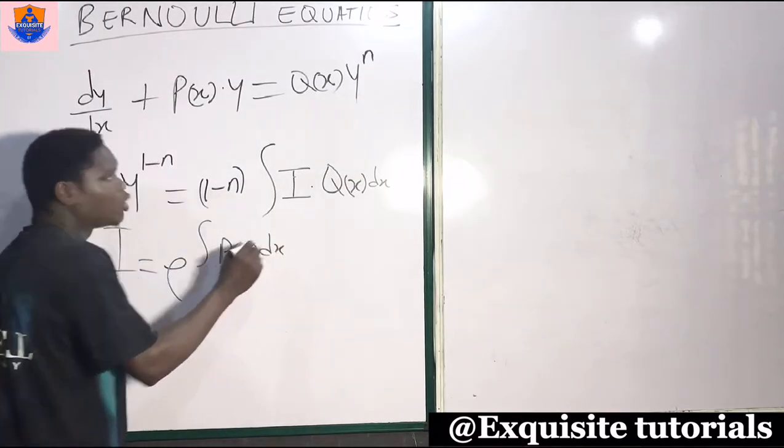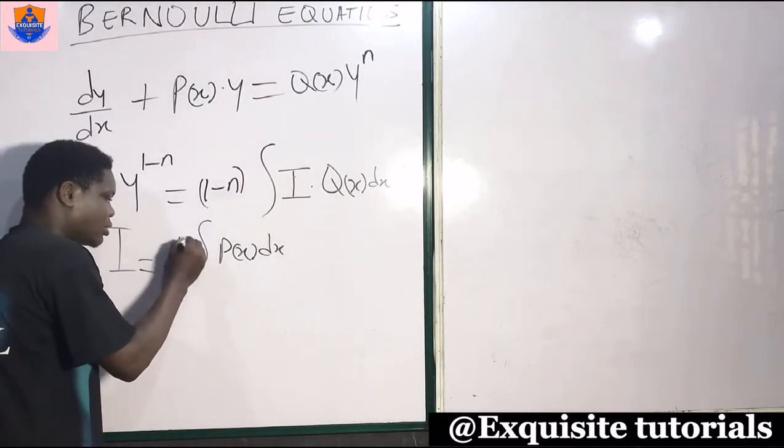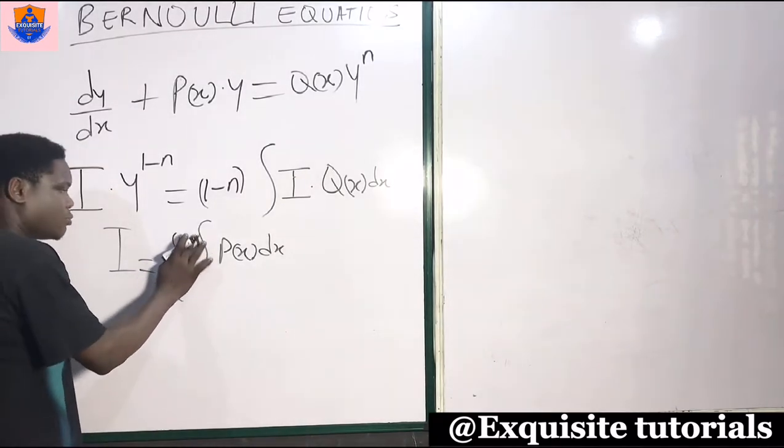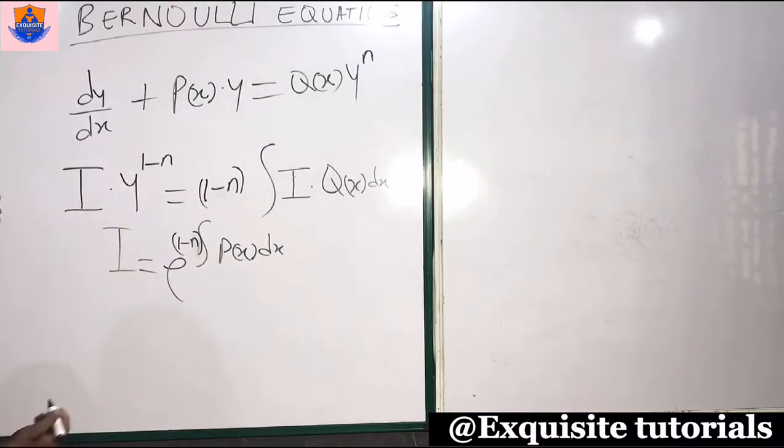For Bernoulli, your integrating factor will change to exponential of 1 minus n times the integral of p of x dx. This is your new integrating factor.